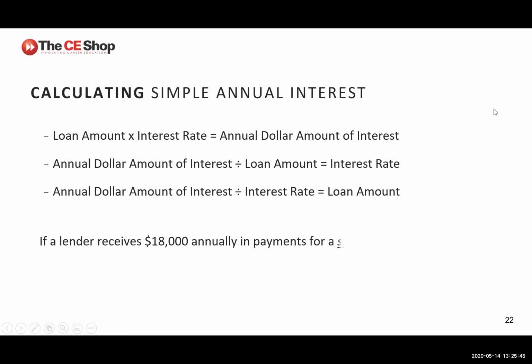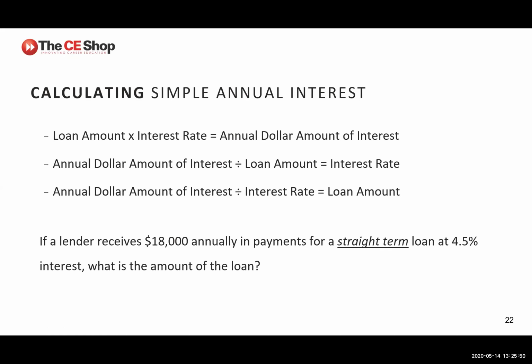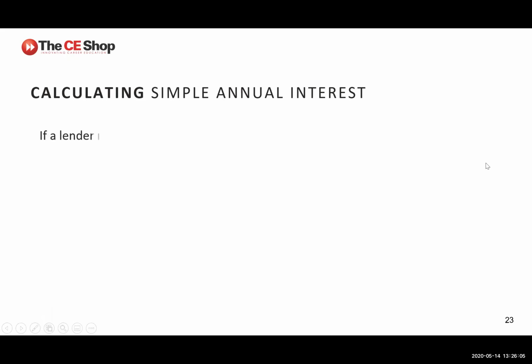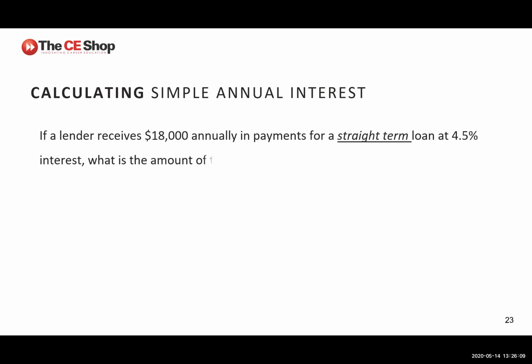So if a lender receives $18,000 annually in payments for a straight loan at 4.5% interest, what is the amount of the loan? Since we're looking for what the loan is, we're going to take the annual amount of interest and divide that by the interest rate. With a straight term loan, all you're worried about is paying the interest on the term.